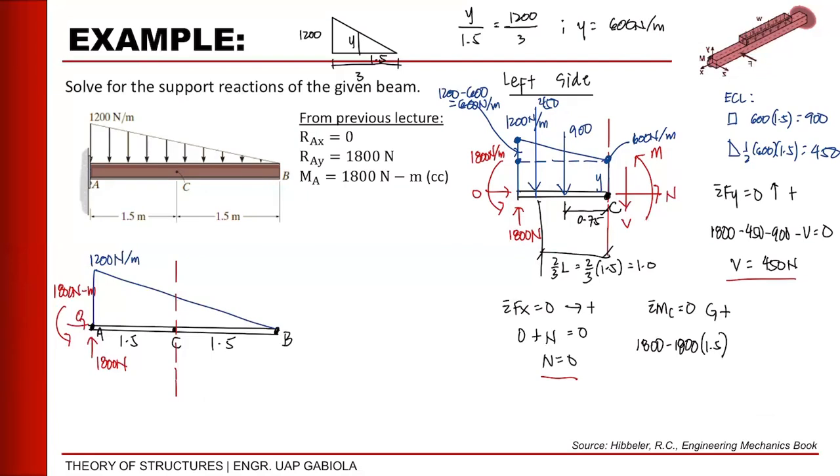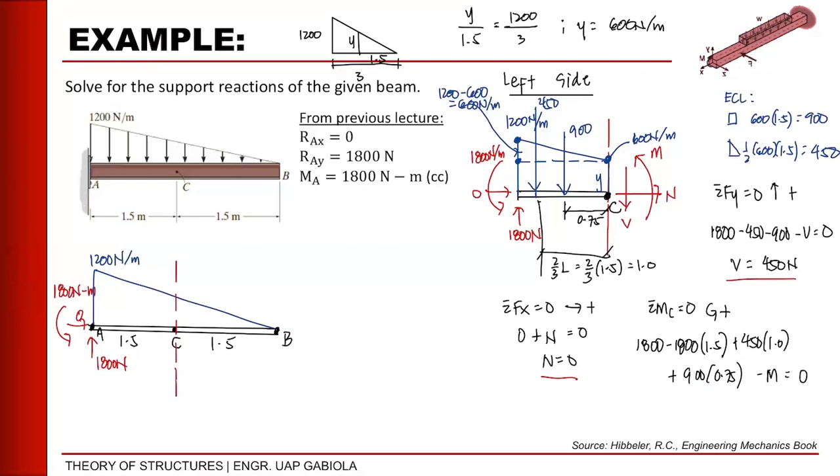Okay, then plus 450 times 1.0 plus 900 times 0.75, and then counterclockwise si M is equals to 0.